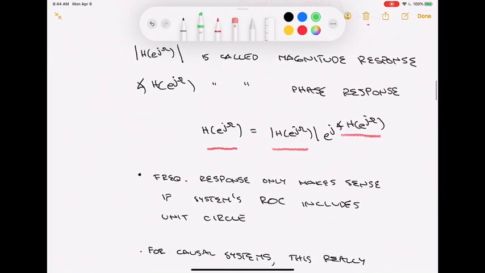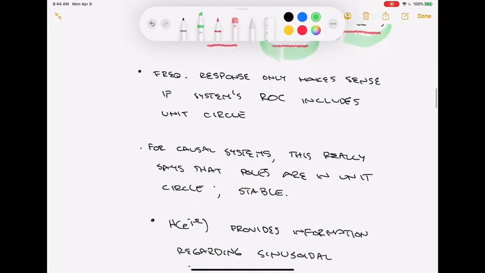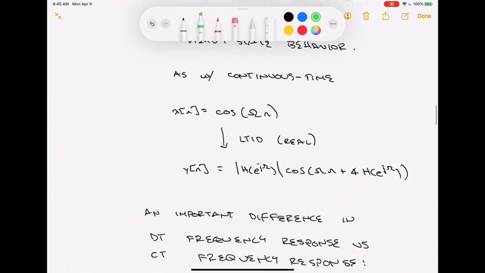From that, I can get the sinusoidal steady state. Because it's a complex function of frequency, I have a magnitude portion and a phase portion. We typically plot those two separately. It just gives us an easier way to look at it. When I think about a sinusoidal input, I get that same sinusoidal output modified by the magnitude response and by the phase response.